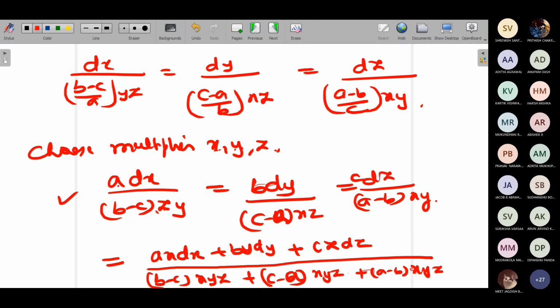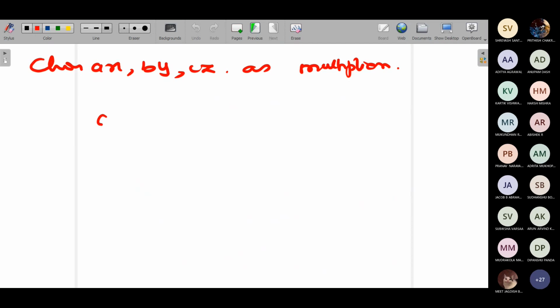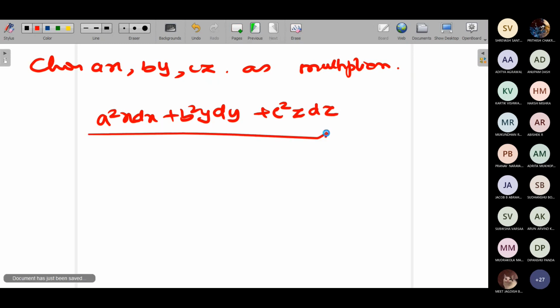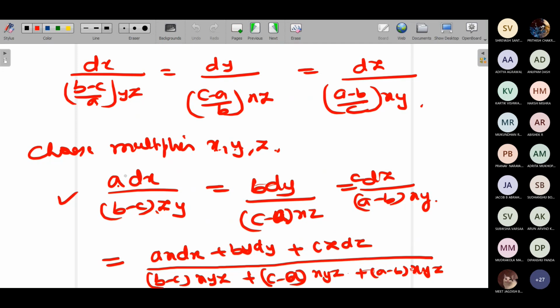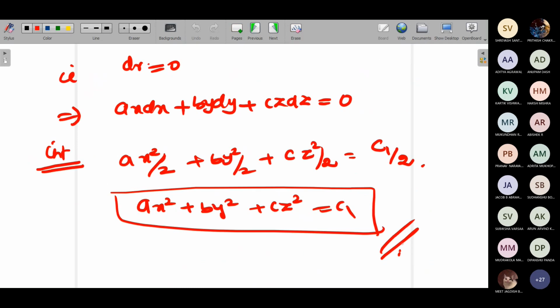So you are multiplying by ax. So you'll get a square x dx plus b square y dy plus c square z dz. This will be in the numerator. So what about the denominator?